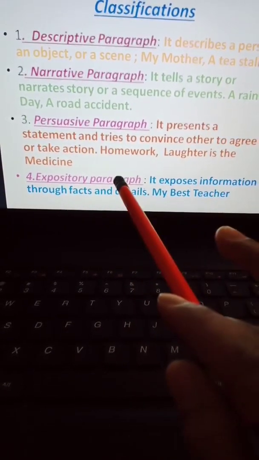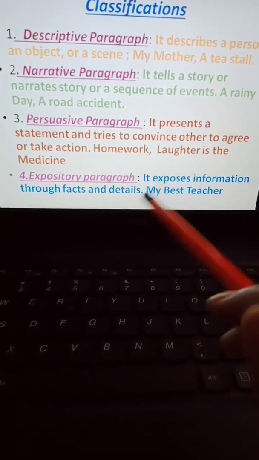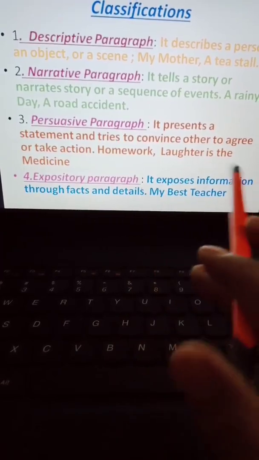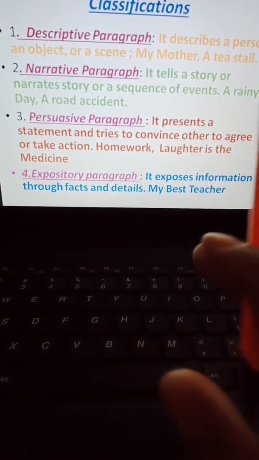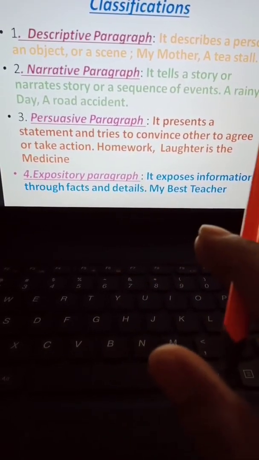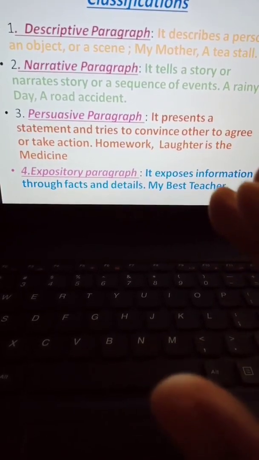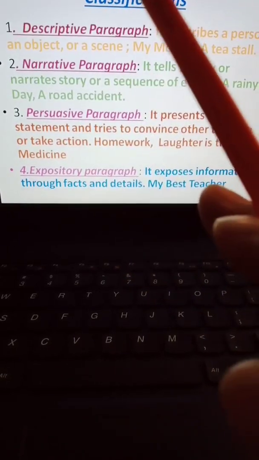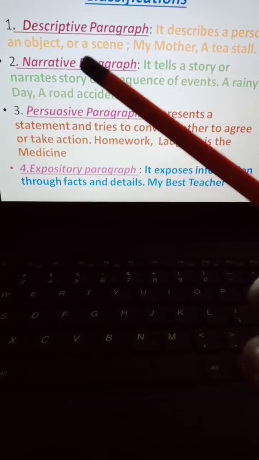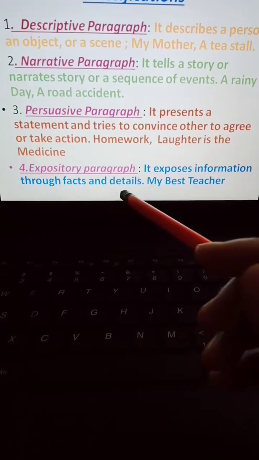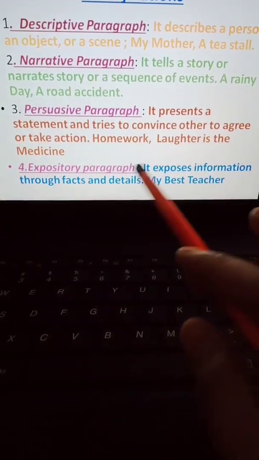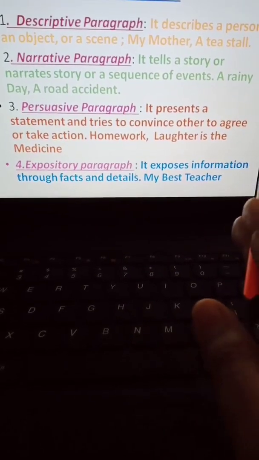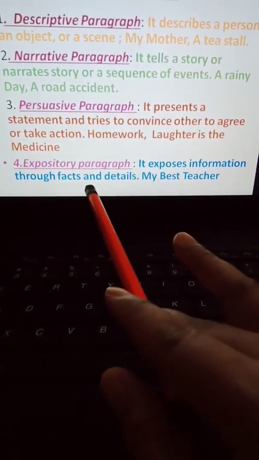Number 3 is persuasive paragraph. It presents a statement and tries to convince others to agree or to take action, like homework, laughter is the medicine. So when you go to write a persuasive paragraph, you should present some sentences that are so logical that by the help of those sentences you can convince the reader to agree with you.